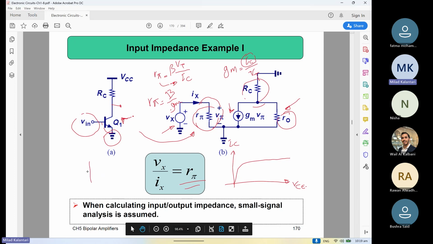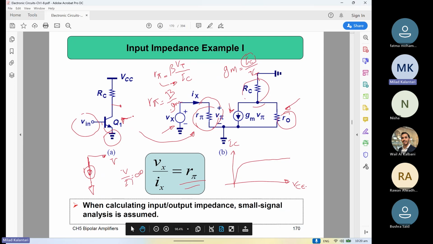So for the ideal current source, you can tell that the impedance is basically infinity. Because if you apply some voltage across the current source, like V test, you cannot change the current. So V over I, for the small signal, is infinity.